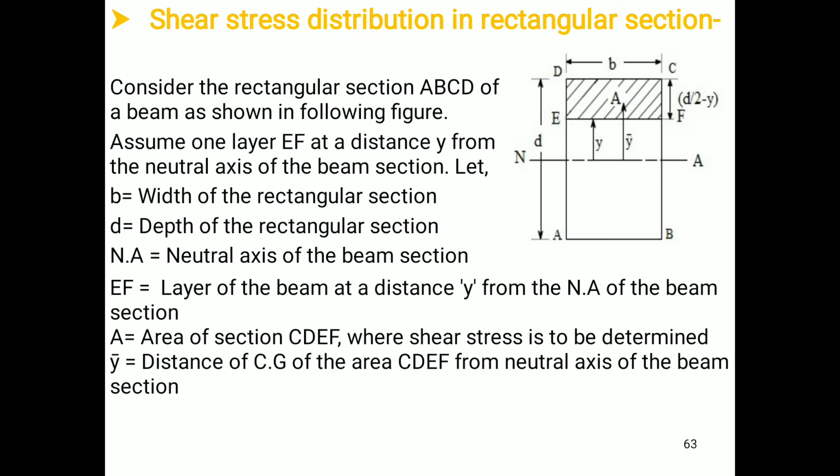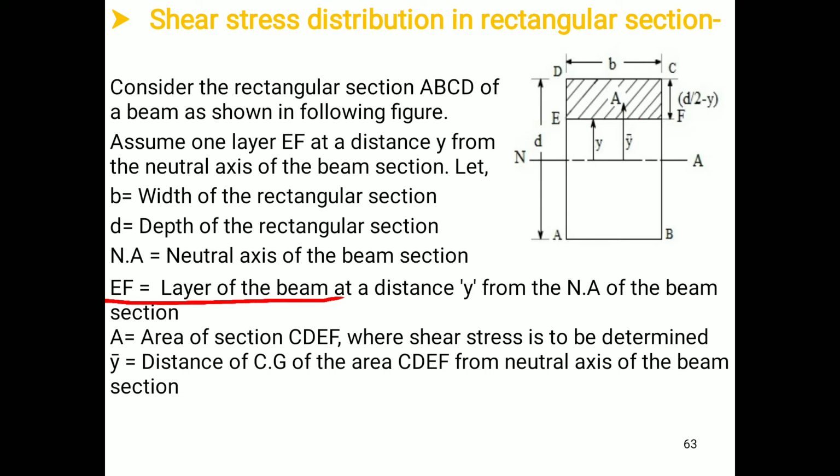And remember, very important concept, y bar is the distance of the CG of the area CDEF from the neutral axis of the beam section. Now, as we have concentrated on section EF, we have to determine the value of shear stress above that particular section EF or below section EF. We can choose any section which is above or below.